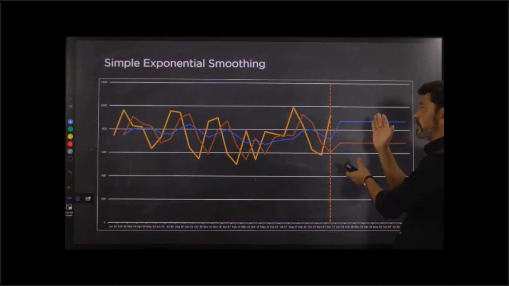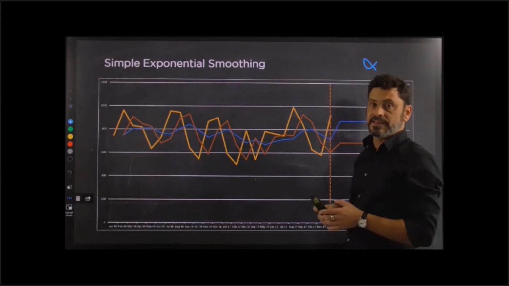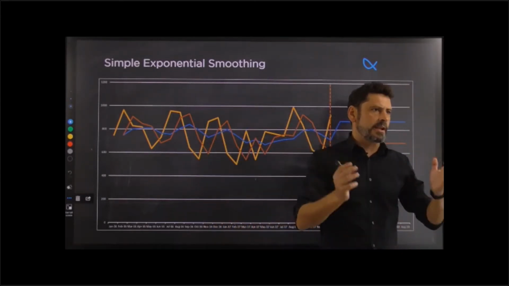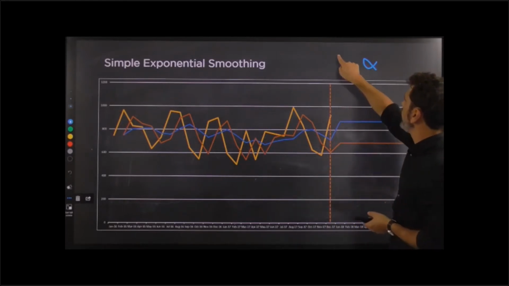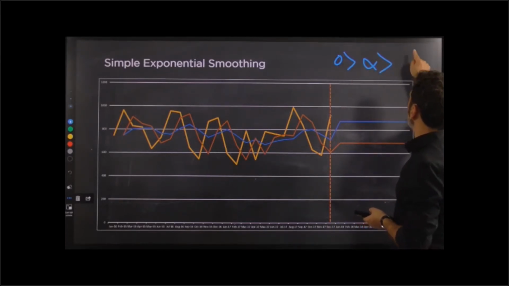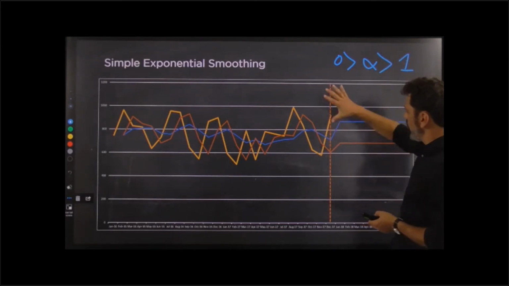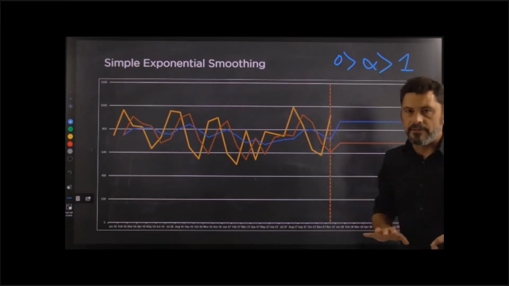Now, what's the difference between both of them? The difference is the setting of my parameter, the alpha. Very often it's alpha, though it might get another letter in some literature. I don't really care, but the alpha will be between 0 and 1. That's a smoothing factor. What does that mean? Well, what you see here are 2 lines with 2 different alphas.